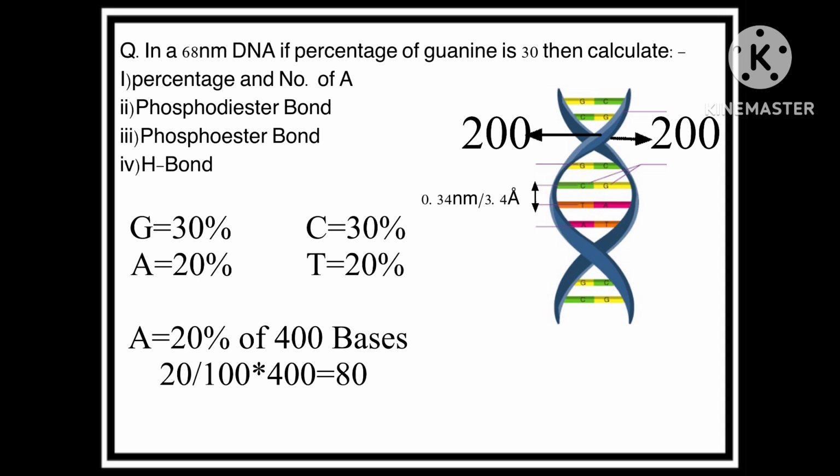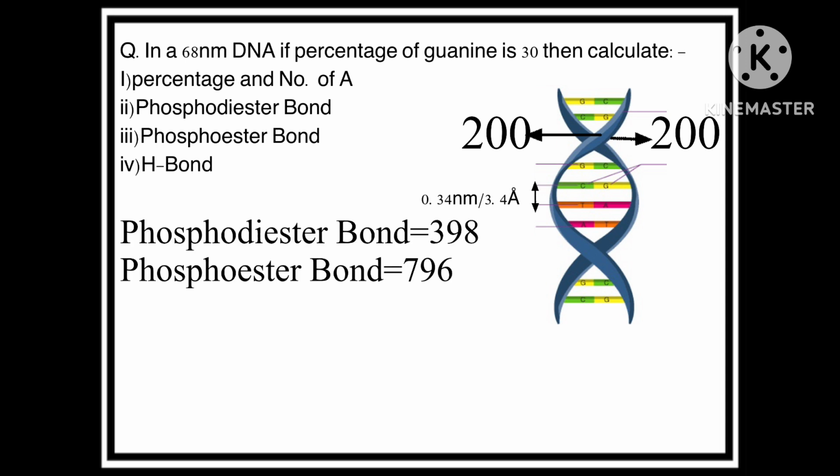What I mean to say is you can find the number of any of the nitrogen bases by following these simple steps. Then we have to find the number of phosphodiester bonds in the DNA. If you remember, in 100 amino acids we have 99 peptide bonds. Similarly, in 200 base pairs we have 199 phosphodiester bonds in each chain.